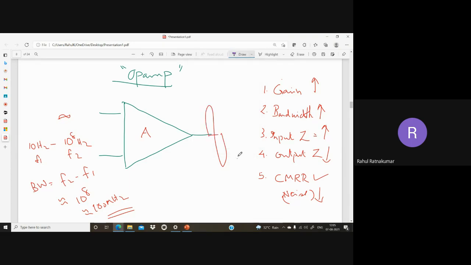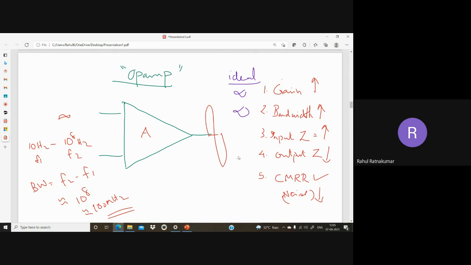I want my amplifier or op-amp to possess all these things. Now I'm going to ideal and non-ideal. Ideally, what I want is gain to be infinity. Bandwidth also should be infinity, because my op-amp should process frequency without any limit, right? Input impedance infinity, and output impedance should be 0. We have discussed you don't want the amplified signal to be lost, so it should definitely be 0.